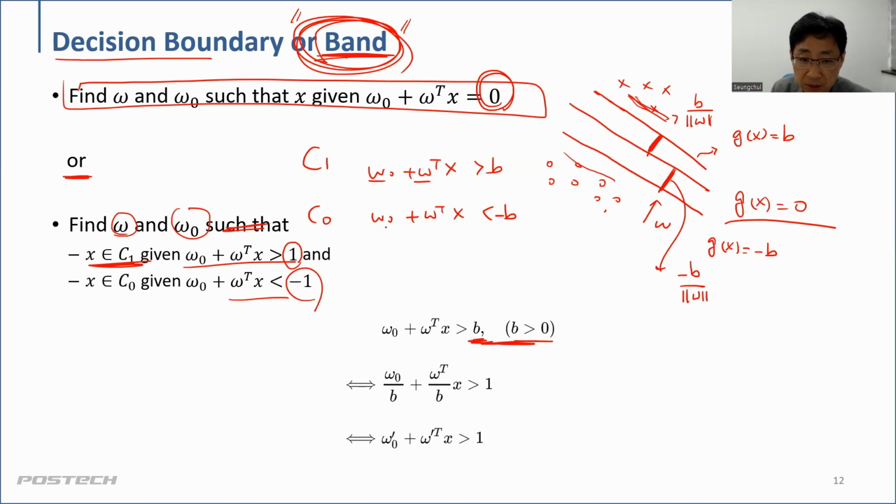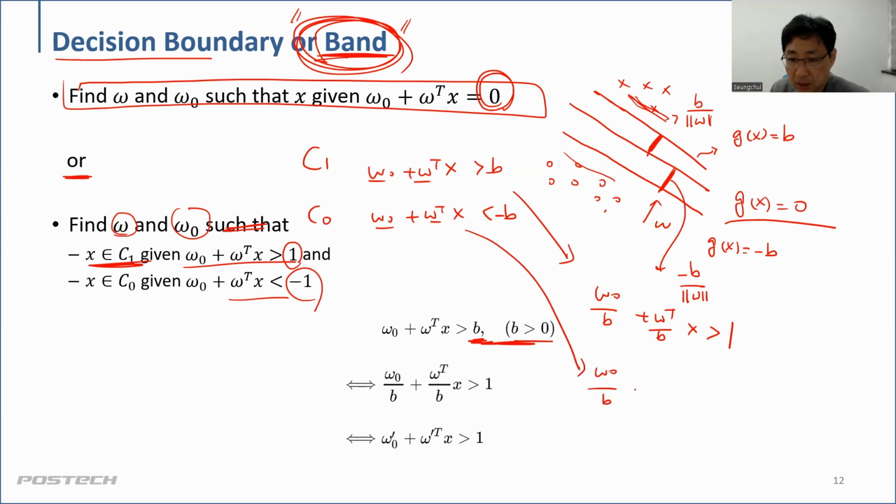These are the unknowns, omega naught and omegas. Since b is positive, we can divide: omega naught divided by b, omega transpose divided by b, x is equal to 1. And in that case, omega naught minus b, x is -1.